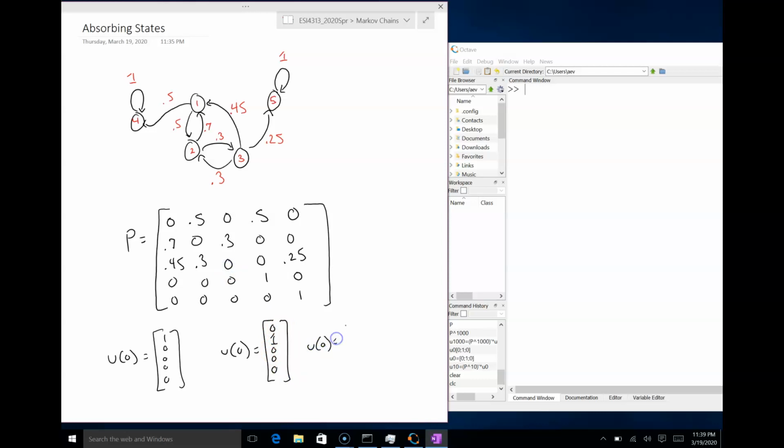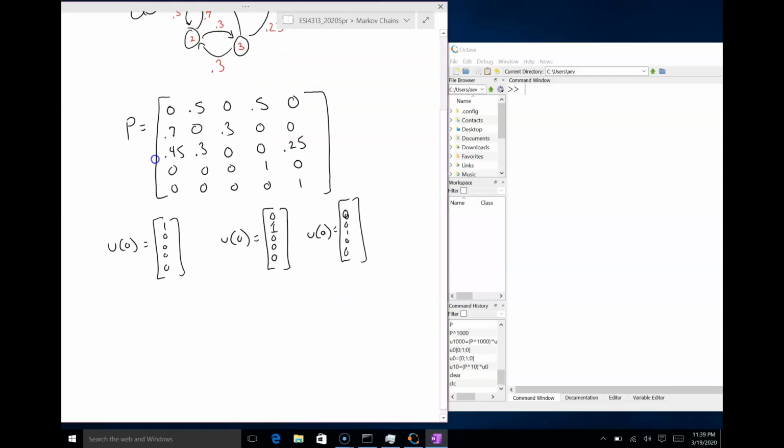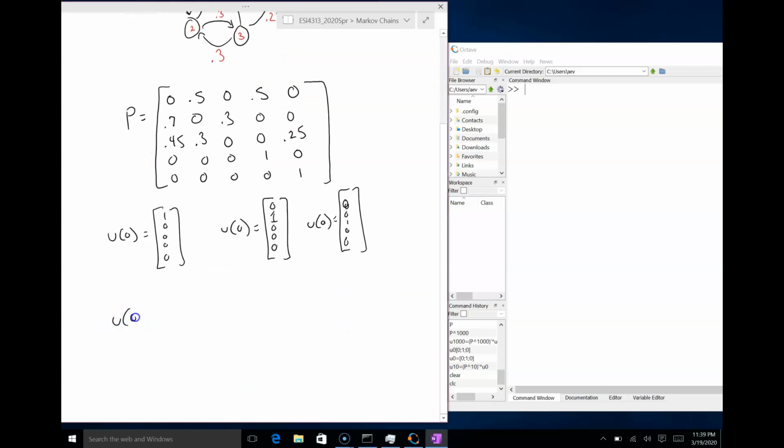What happens if we start in state 3? And again, if we started in state 4, where would we end up? And if we started in state 5.